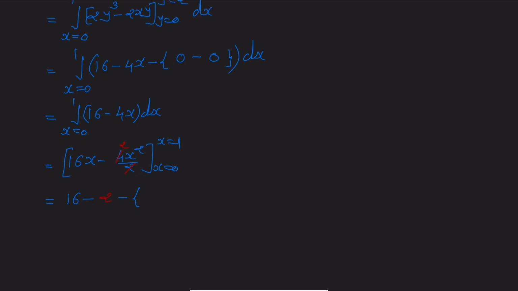When x is equal to 0, this is 0 minus 0. And so the final value, what is I? Is 14.